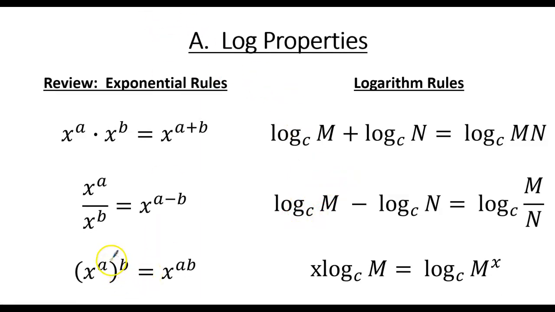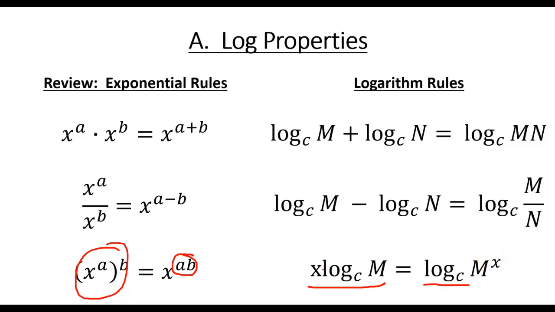Over here, just like raising an expression to a power can be thought of as a multiplication of exponents, multiplying two things can be thought of as a power. So if you ever have a log that's being multiplied by a number in the front, you could rewrite that as a log without something in the front and just take that number from up here and make it a power on your m, or your argument there.